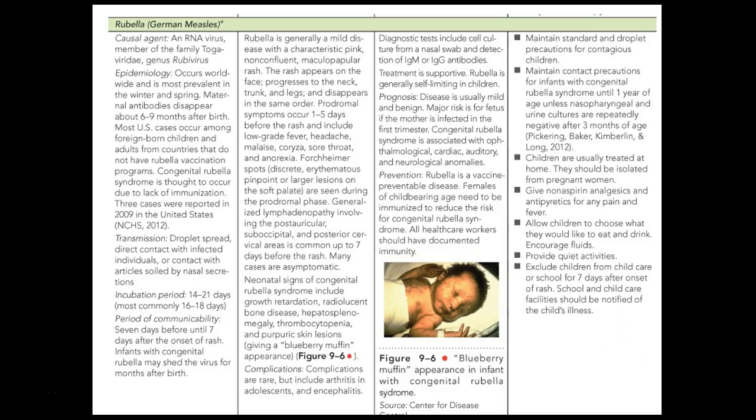It's transmitted through droplet spread or direct contact with infected people. And it can also be transmitted if you end up with contact with some type of article that is soiled with respiratory droplets or nasal secretions.